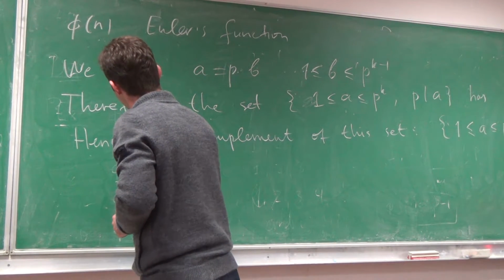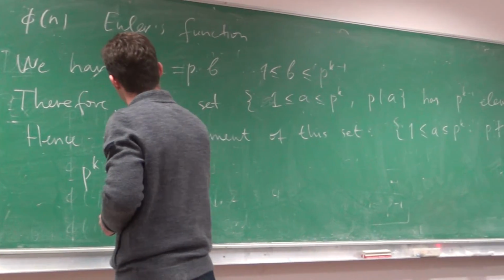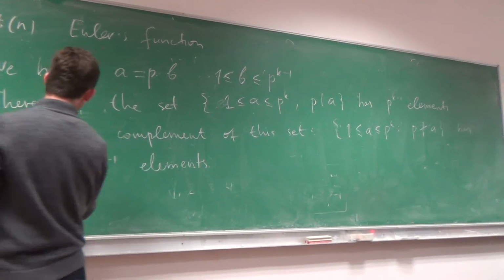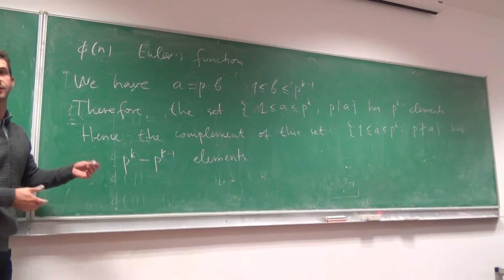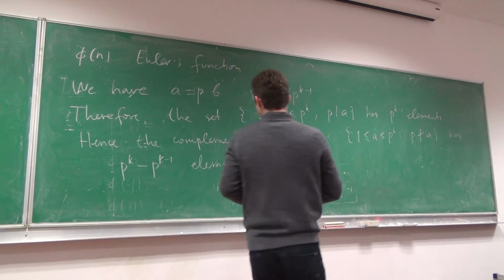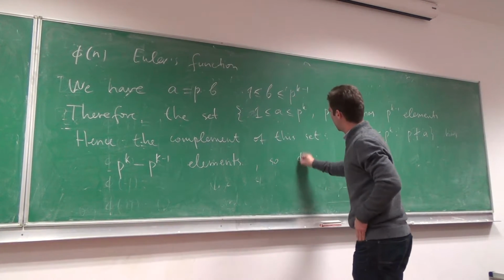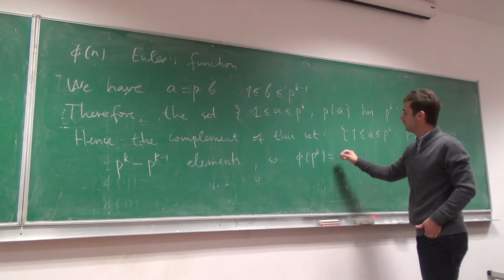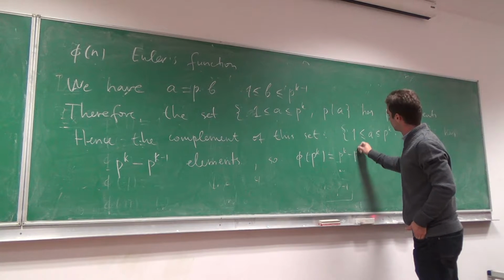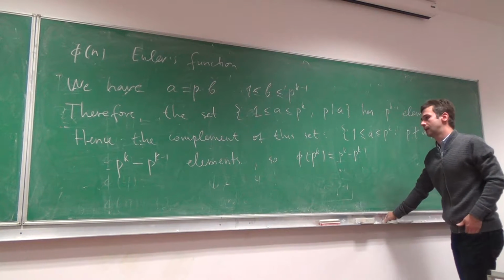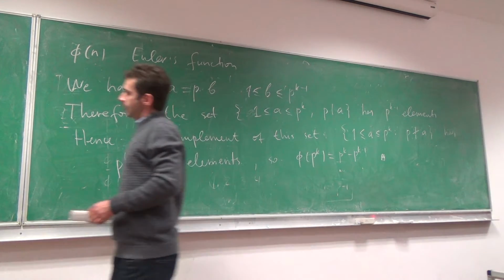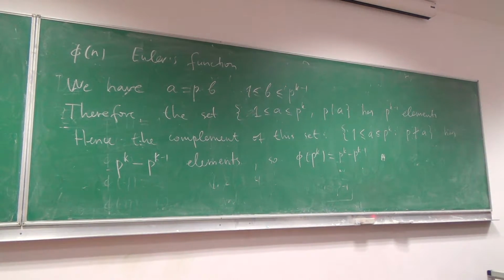So it's P^k minus P^(k-1) elements. This is the total number, these are the ones divisible by P, and the difference is what we want. So phi, by definition, we're counting this, and we get this many elements. So this formula is done.